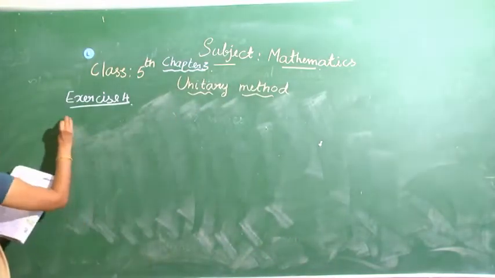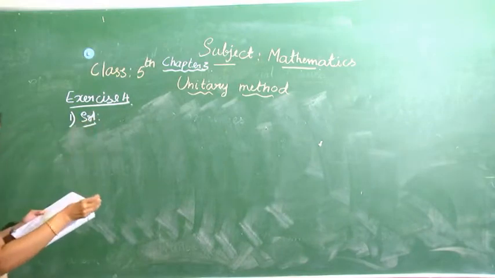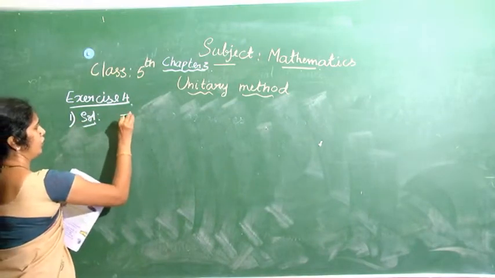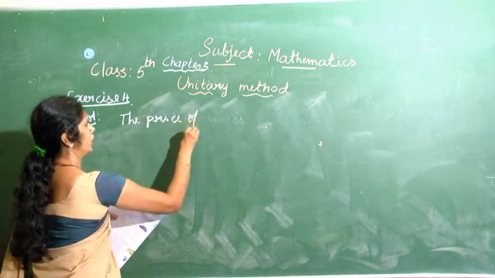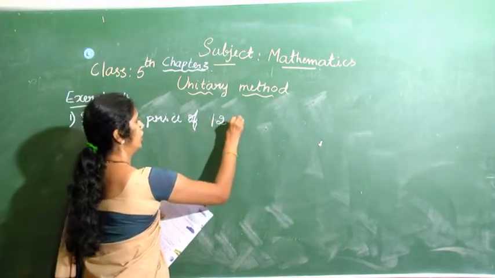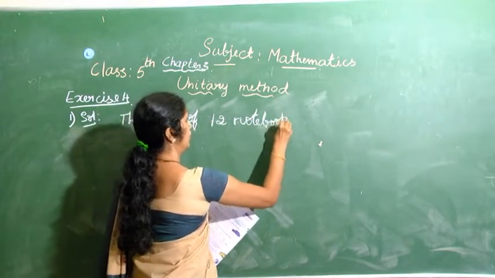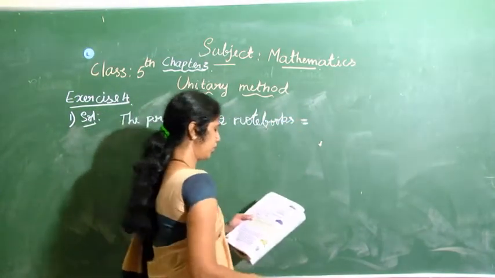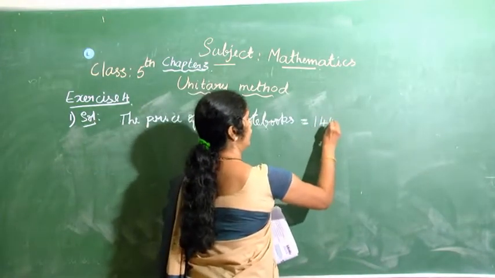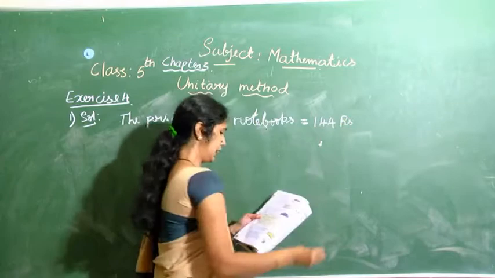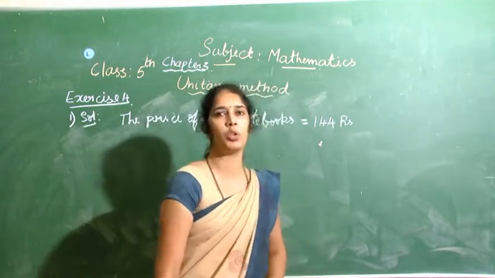So, first one, solution part. The price of 12 notebooks is equal to 144 rupees. Then we have to find the cost of 20 notebooks.